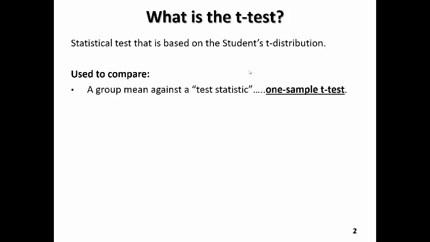The t-test is a statistical procedure that's based on something called the Student's t-distribution, and I'll describe who Student is here shortly. And the t-test is used to compare a collection of numbers, so a grouping of numbers coming from one group and only one group, and comparing the group average against a test statistic.